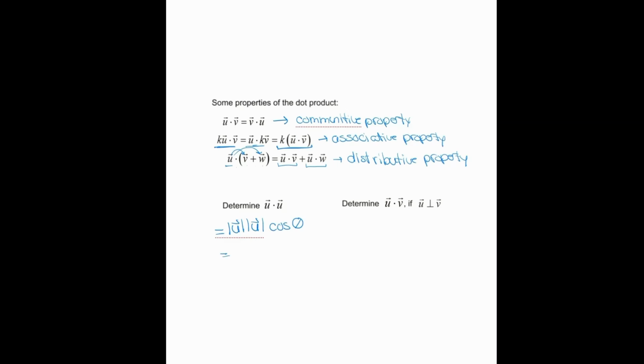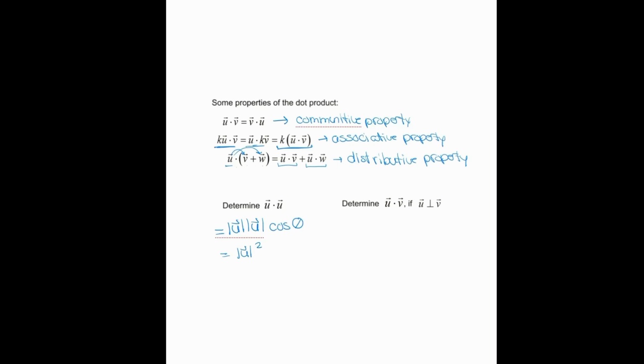So we really end up with the magnitude of u squared. So if I am dotting two vectors that are identical, that are collinear to one another, they are equal to just the magnitude of that vector squared. Now, let's determine u dot v if vector u is perpendicular to vector v.